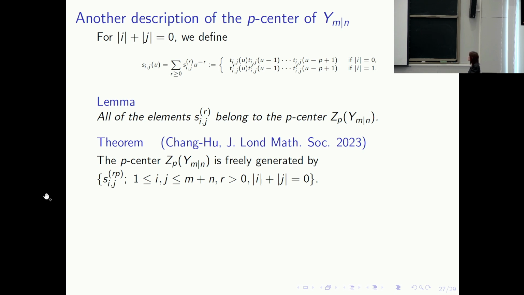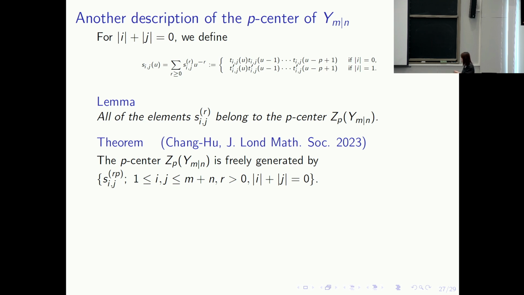If the parity of i is 0, we define S_ij mu in this way. If the parity of i is 1, we define the formal power series S_ij mu in this way. Notice that these are T_ij prime.